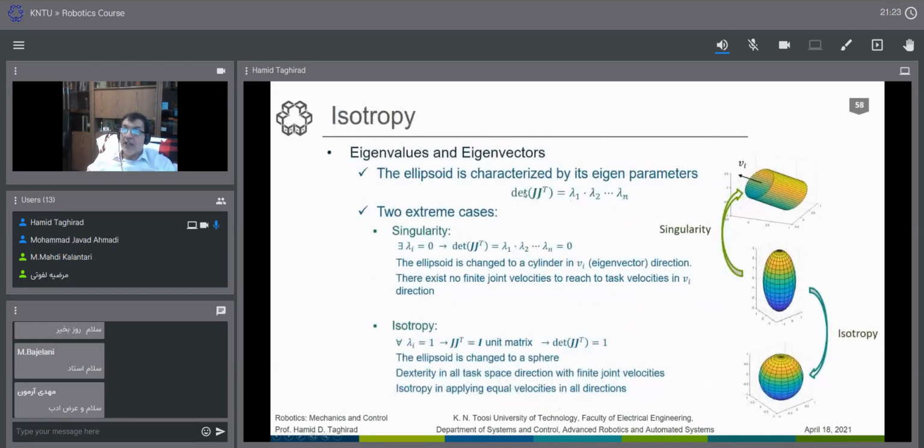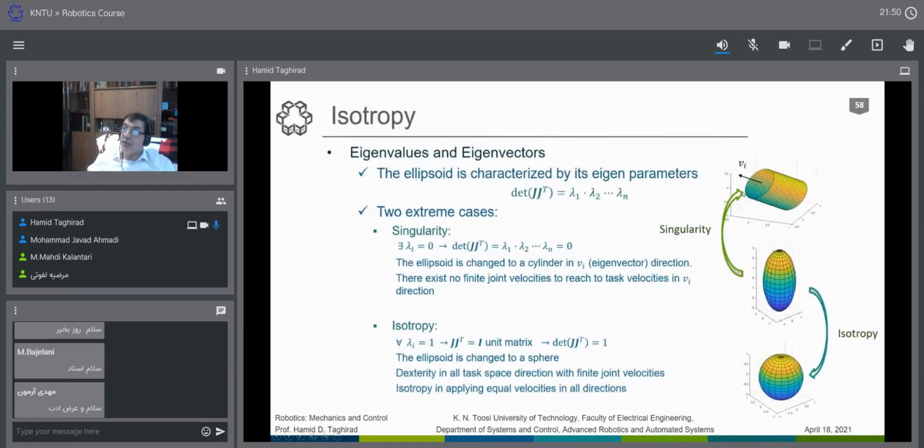One of the eigenvalues is equal to 0. The determinant of the JJ transpose is determined by the multiplication of the eigenvalues of the JJ transpose. If either of them is equal to 0, then the determinant is equal to 0, and the inverse map, as we see here, becomes singular.